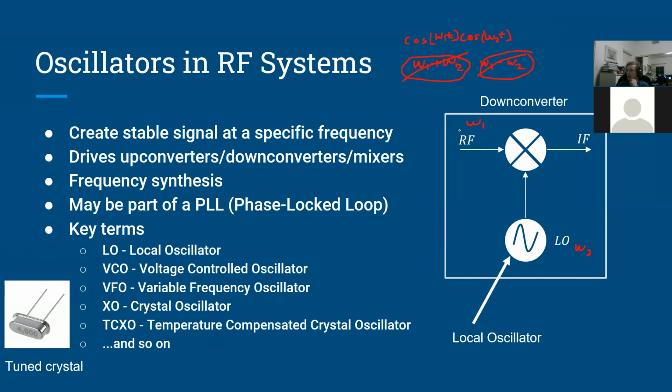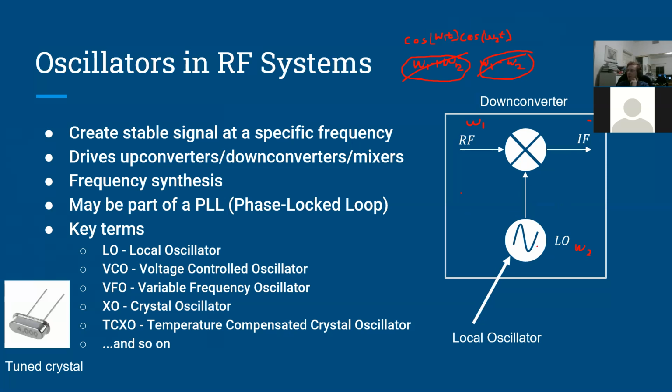Usually if we're down converting, we call the higher frequency the RF input, the lower frequency the IF input, and we have a local oscillator, or LO, and that's what controls what frequency you're down converting to. IF stands for intermediate frequency, RF for radio frequency, but not a big deal.